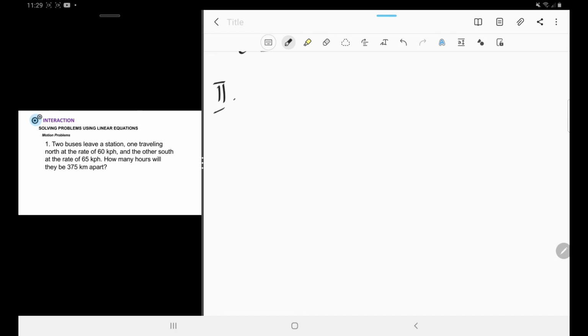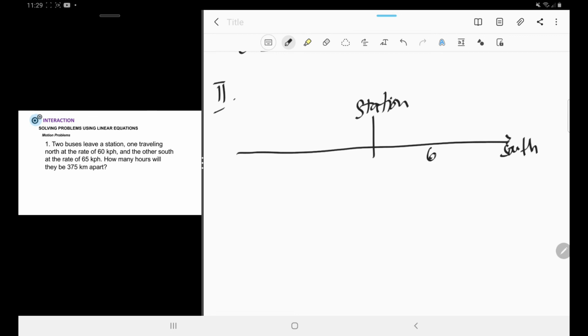Okay, let me just try to illustrate this. So let's say that this is the station, and then one bus is traveling south at 65 kilometers per hour, or we represented that a while ago as 65x, and the other bus is traveling north at the rate of 60 kilometers per hour.